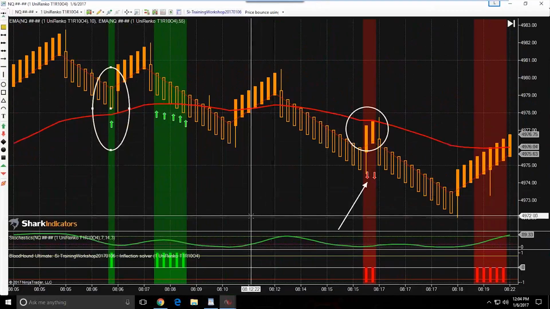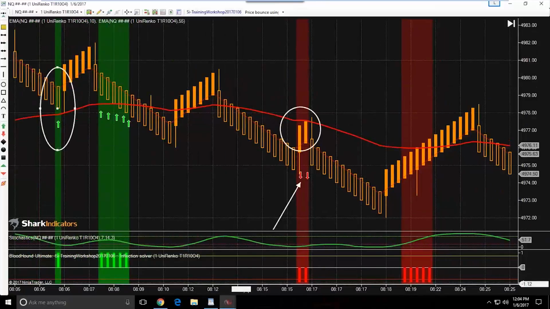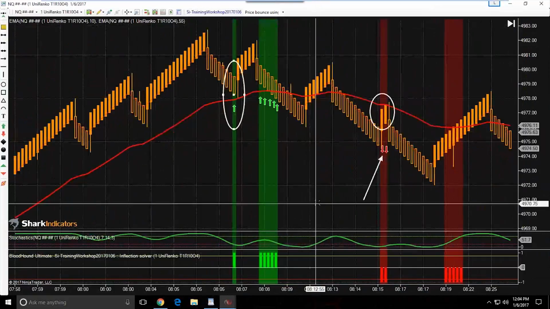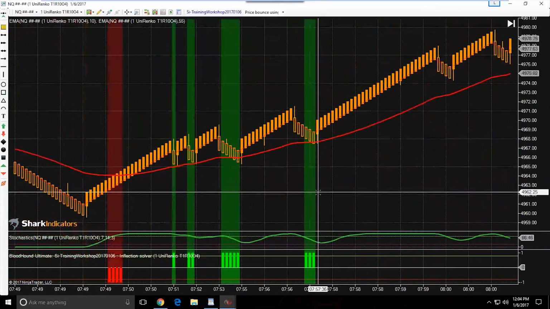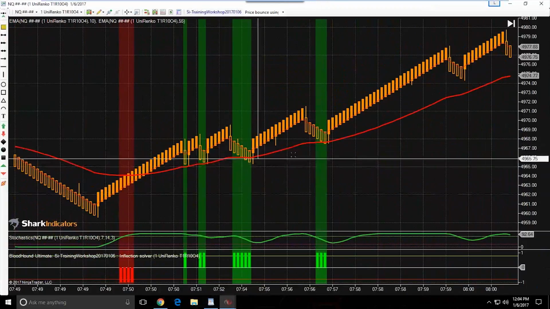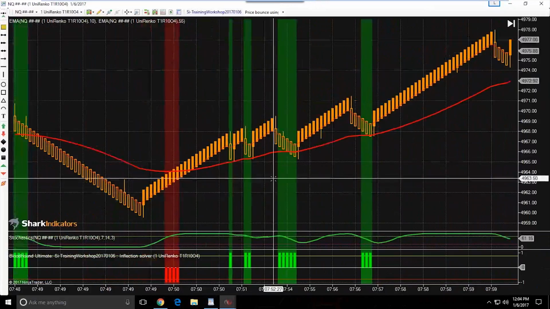Everything's looking really good now. Let's take a look back here. Look at all these possible bounces being identified here.